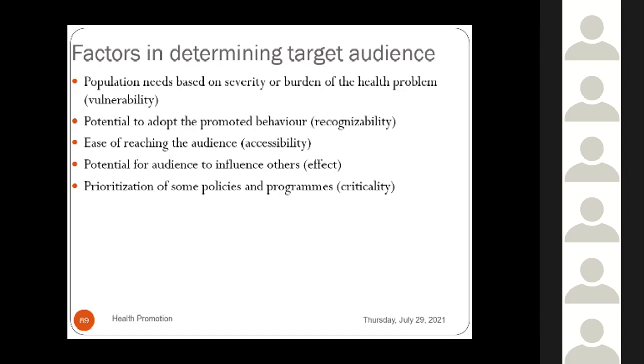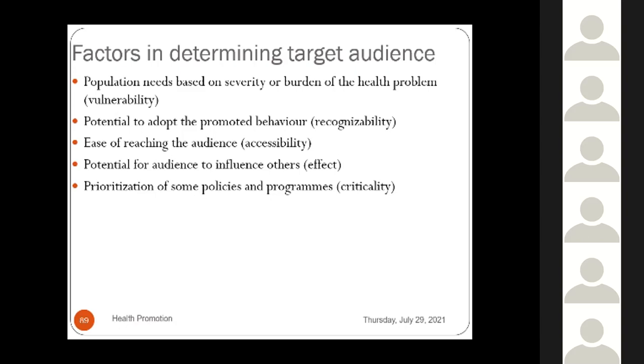Then finally, you also look at prioritization of some policies and programs. How critical are they? Currently, the critical issue affecting all of us is what? COVID. So you must also prioritize that. And another thing that is coming with COVID is what? Mental health challenges. How do we prioritize that? And because we have all forgotten about HIV, cases are increasing.